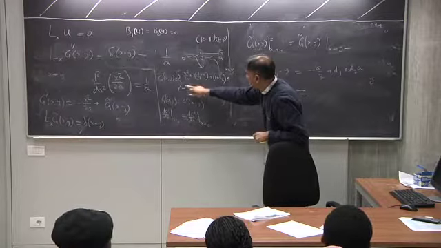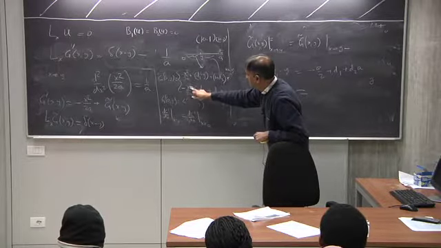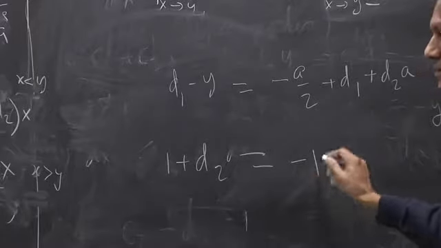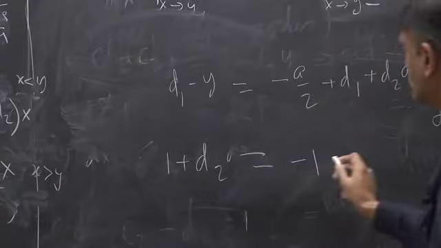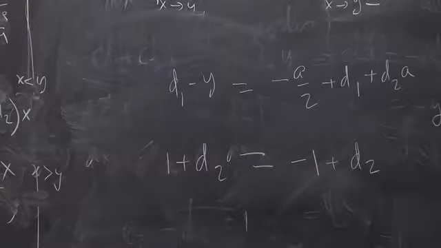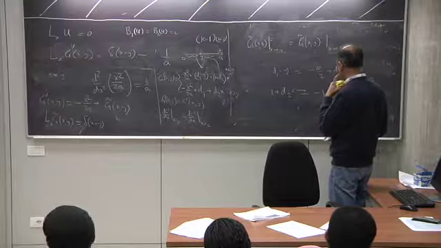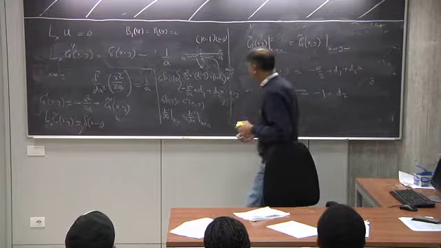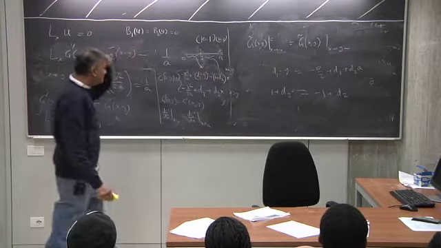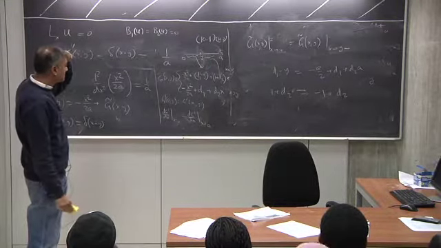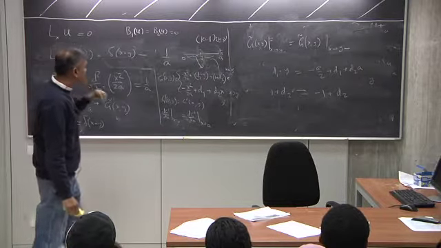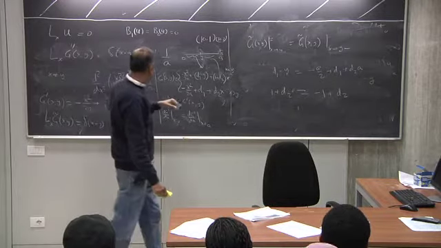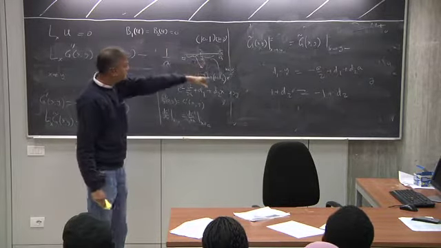So 2x with x equal to a becomes 1, so minus 1 from there, and this derivative gives plus d2. Okay, something has gone wrong here. What happened? I must have made a mistake somewhere before.